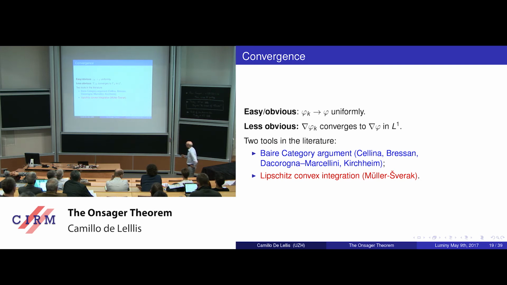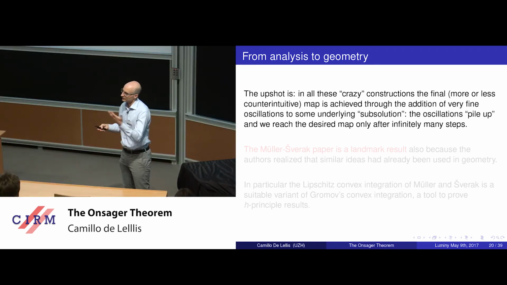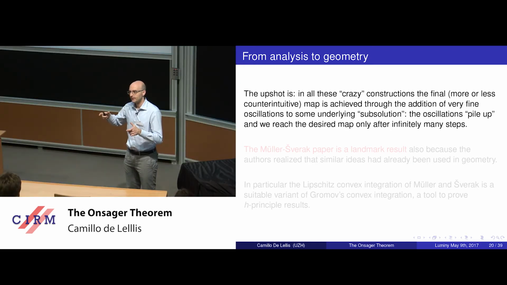Now, this Lipschitz convex integration is especially relevant for us for the following reason. What Müller and Šverák actually realized at the time is that the upshot of all these crazy constructions, in the Euler equations and in differential inclusions, is that you are producing a solution with a very unusual iteration mechanism in which you're piling up finer and finer oscillations at each step.